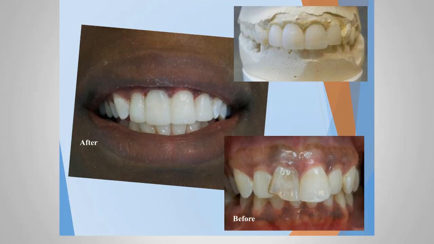She wanted her teeth, at least in the temporary phase, to look a little bit slimmer than her original teeth in the before picture. She didn't like the protrusiveness of these front teeth and wanted to steer away from that altogether and have slimmer teeth. So at least in the temporaries, that's what we did to make her a little bit happier.